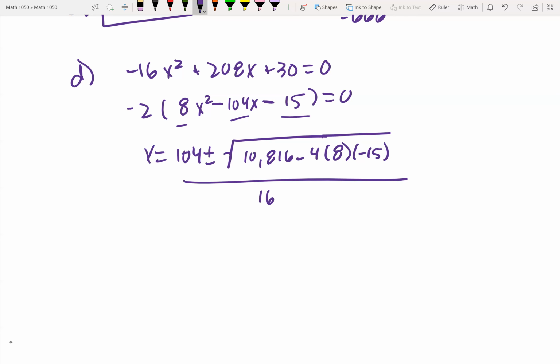So go parenthesis 104 plus second x squared 10816 minus 4 times parenthesis 8, close it, parenthesis -15, close, close, close, divided by parenthesis 16, hit enter, close it if you want.